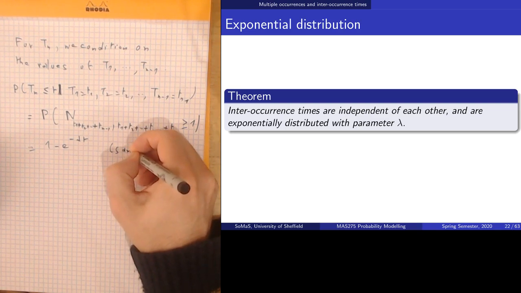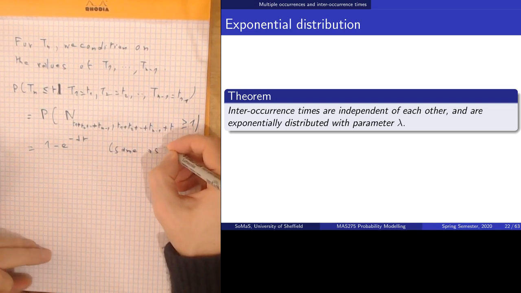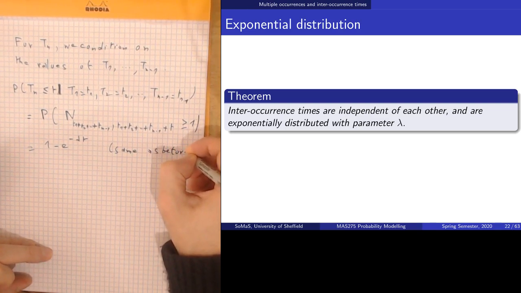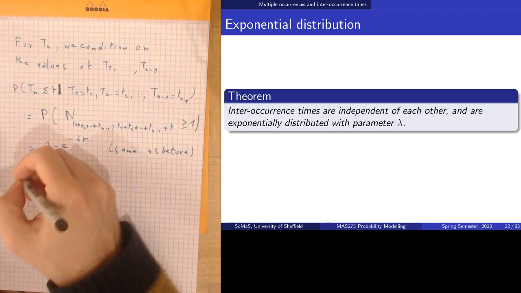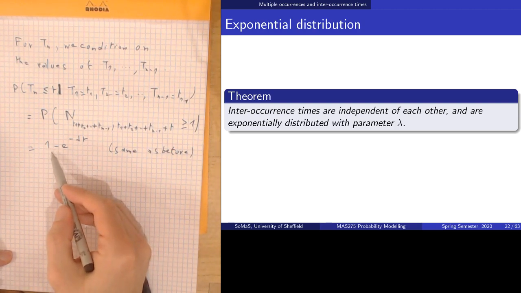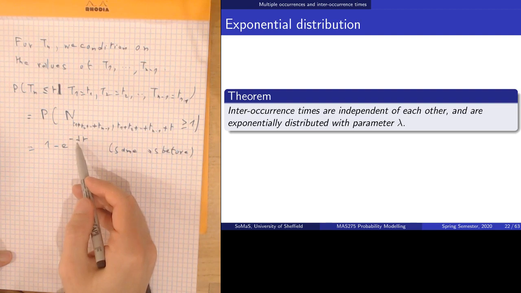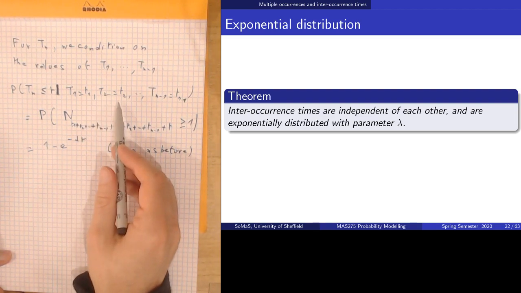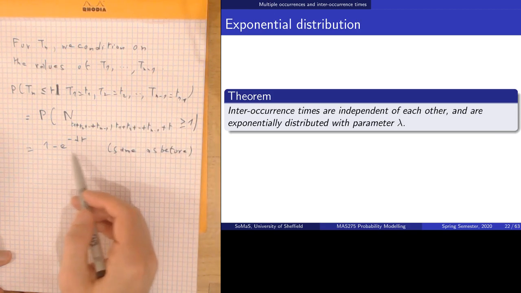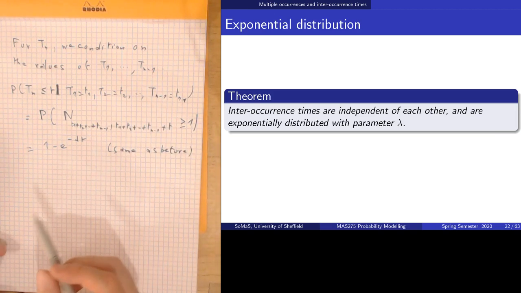Same as before. So, notice that we get 1 minus e to the minus lambda t, so we get our exponential. Also, the values of t1, t2, tn minus 1 don't actually appear in this formula at all. So this gives us also the independence we want.